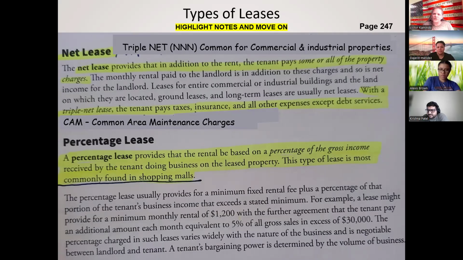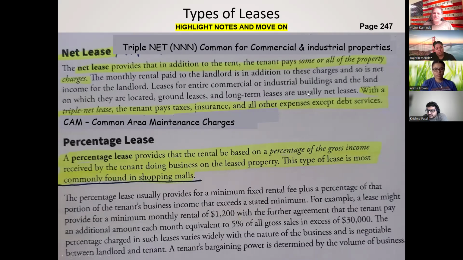Now, that could be structured in different ways. It could be the tenant has to pay their rent plus a percentage of all of their gross income, or it could be a percentage of all of their gross income above a certain dollar amount. Or it could be a percentage of their total gross income above a certain dollar amount with a minimum that the tenant needs to earn.